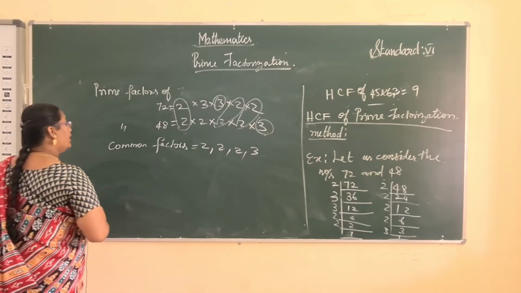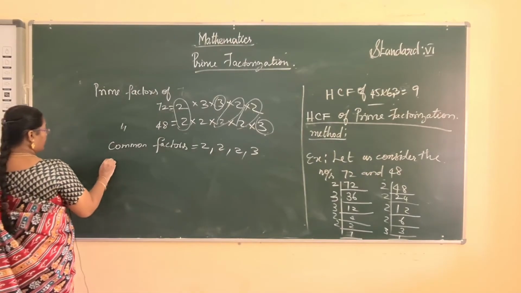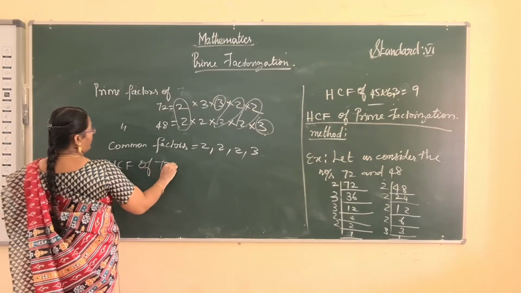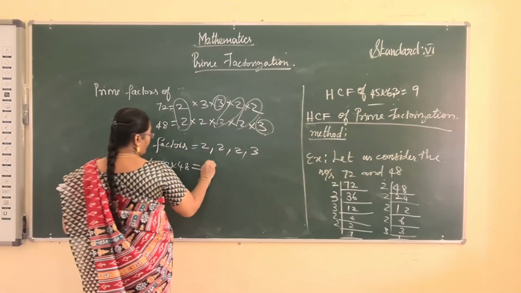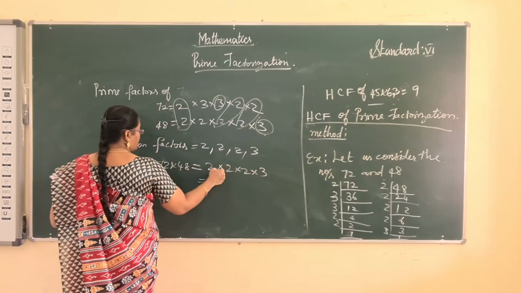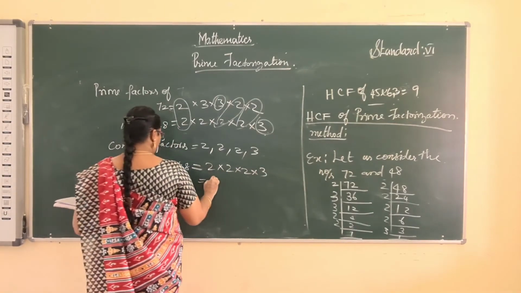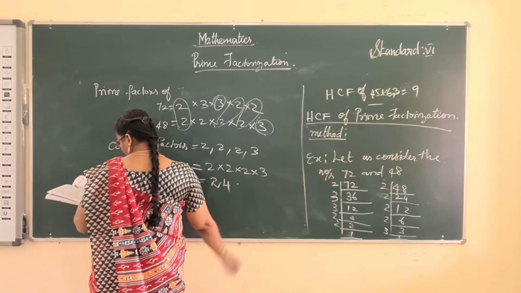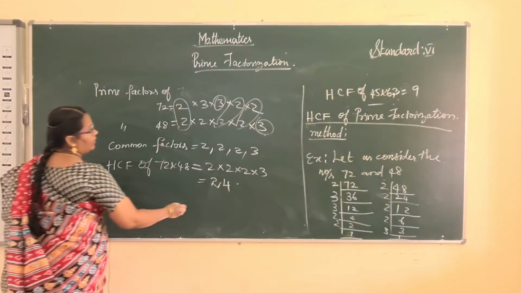So HCF of 72 and 48 is equal to 2 into 2 into 2 into 3. 2 2s are 4, 4 2s are 8, 8 3s are 24.